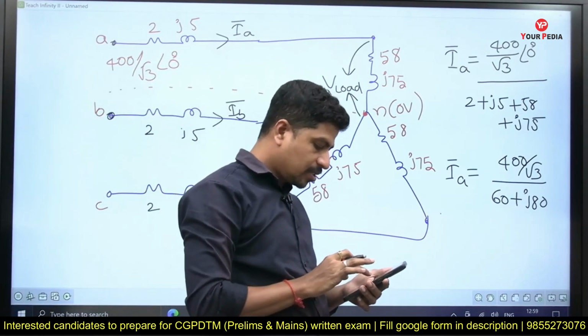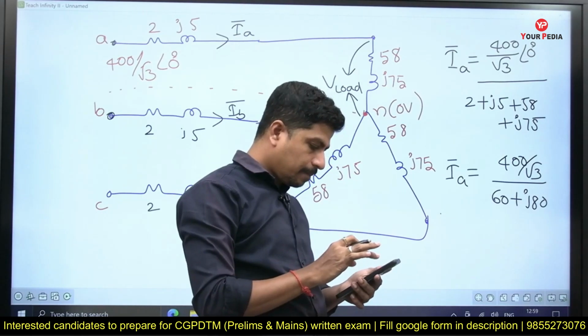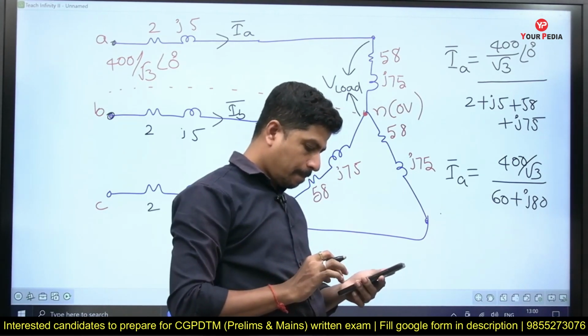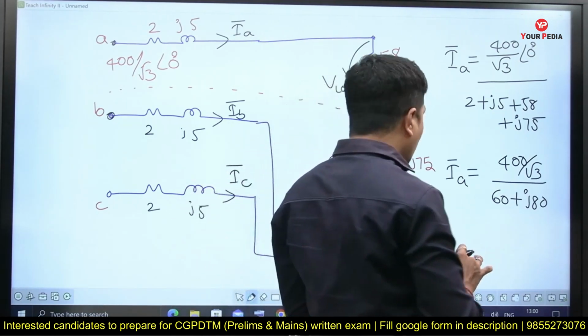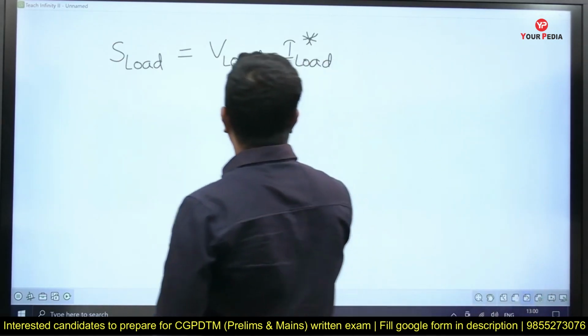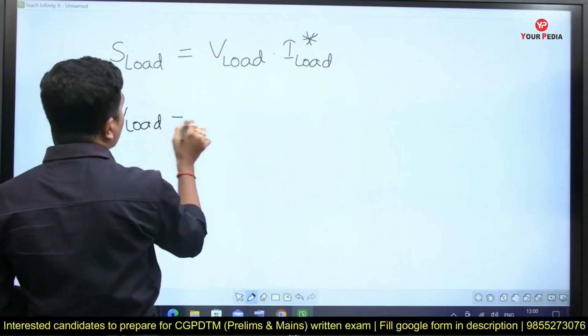Source voltage minus drop. So here, observe all of you carefully. We have the current. First of all, V load is equal to V source.